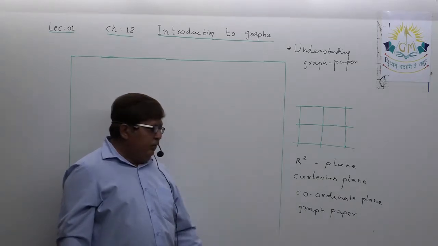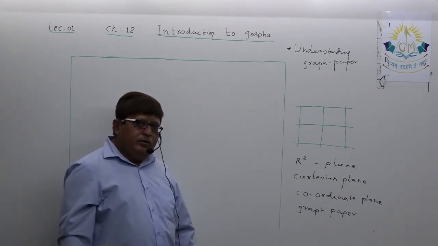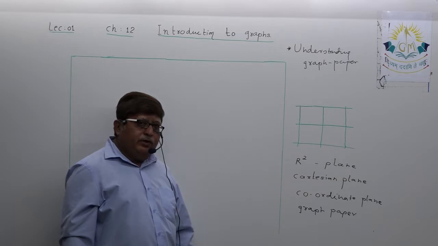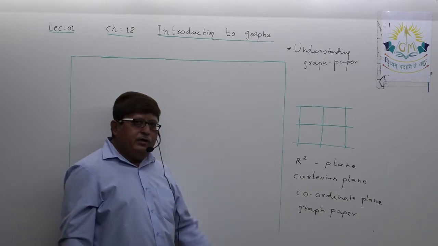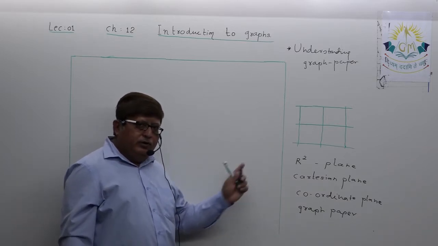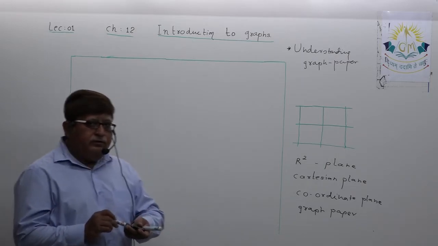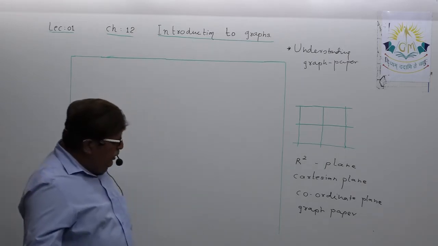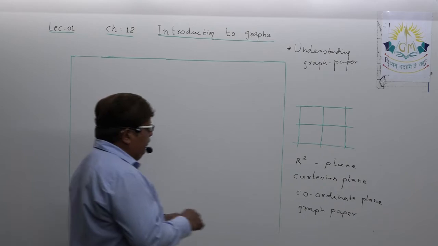Why the name Cartesian plane? Because the complete idea was given by a well-known mathematician, Descartes. So the name is also Cartesian plane.